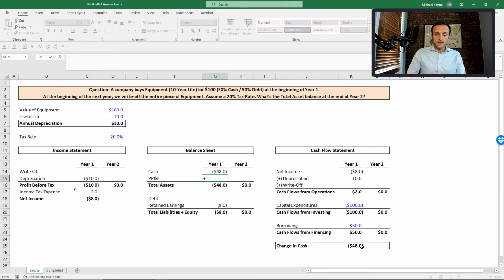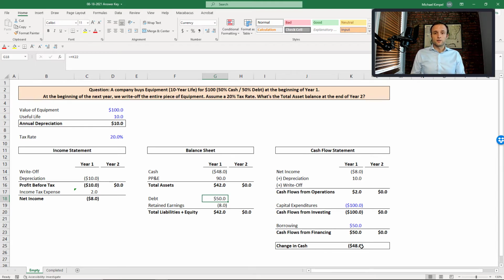So it's negative, flip this around here, negative of our negative 100 to reflect the positive PP&E balance. And then we're going to add in the negative depreciation to reflect a $90 net balance at the end of the year. On the other side of the balance sheet, we borrowed $50, and that gets us to a balanced balance sheet for year one.